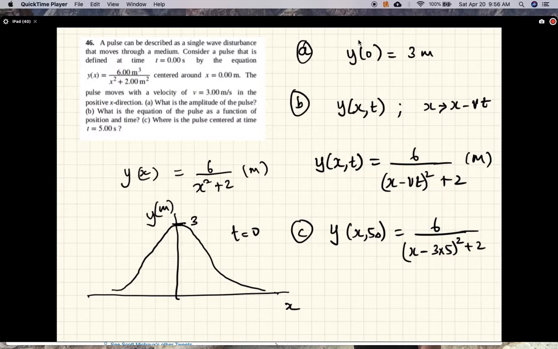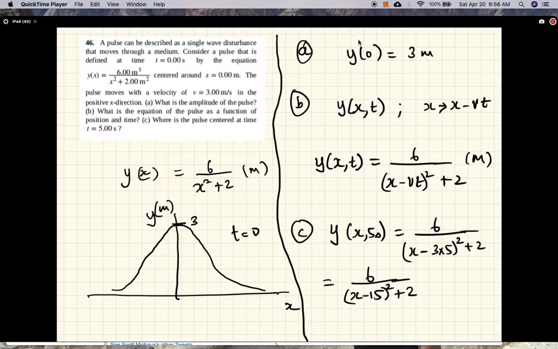Okay, so x minus 15 squared plus 2. So the pulse is centered at 15 meters. Okay, that finishes that problem.